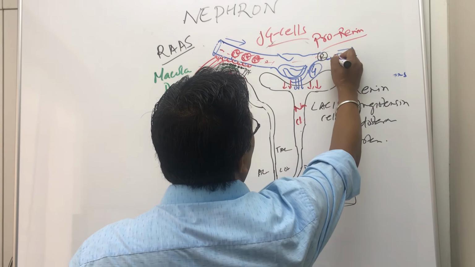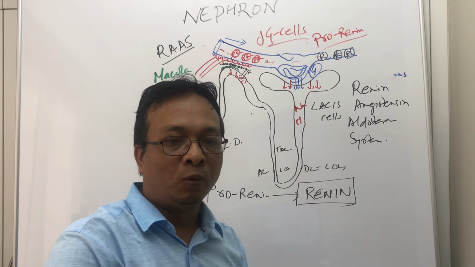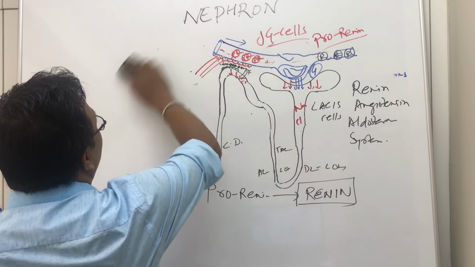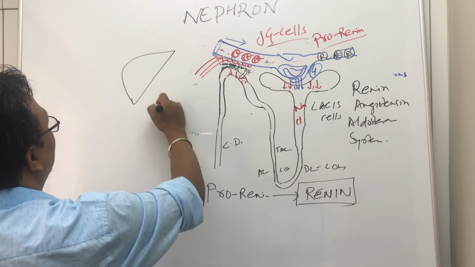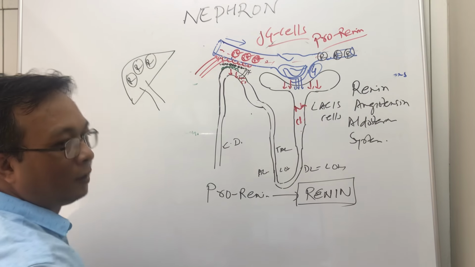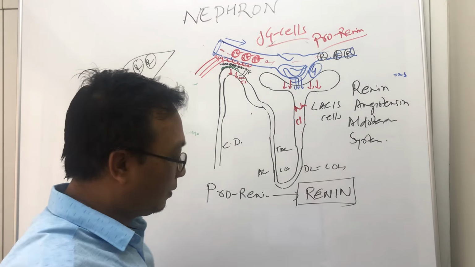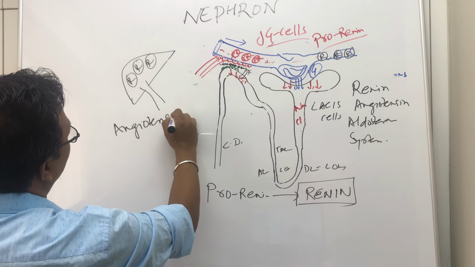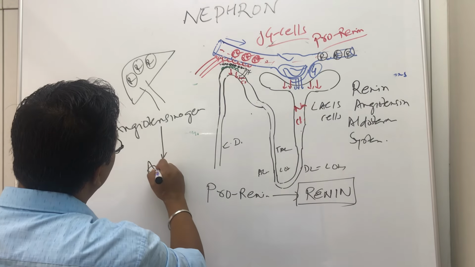When the blood moves all around and reaches the liver, along with the blood, renin will also reach the liver. In the liver, renin will convert angiotensinogen, which is in inactivated form, into angiotensin 1.